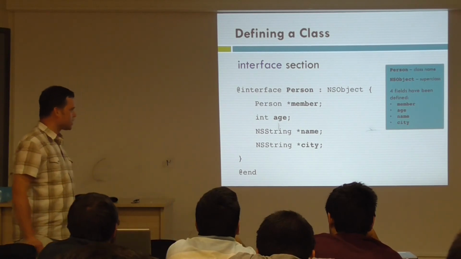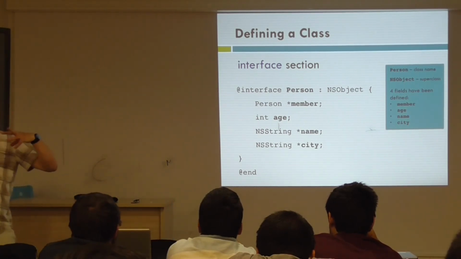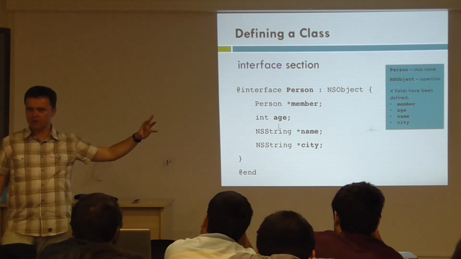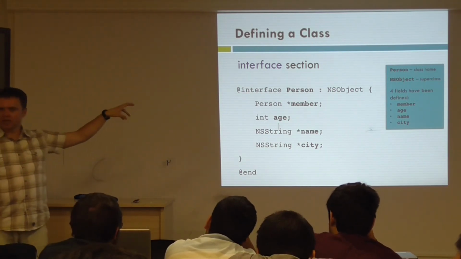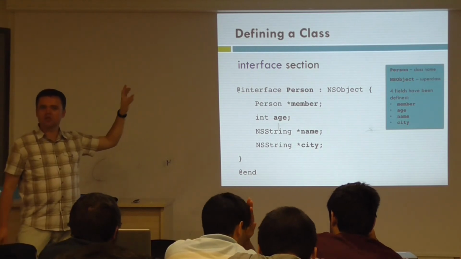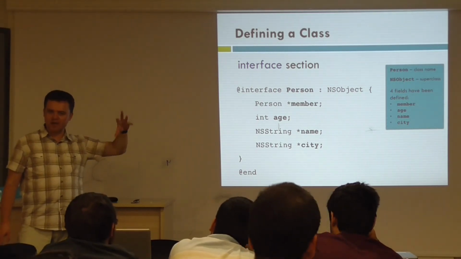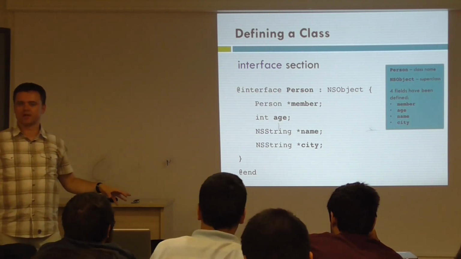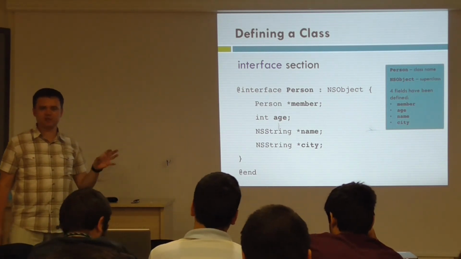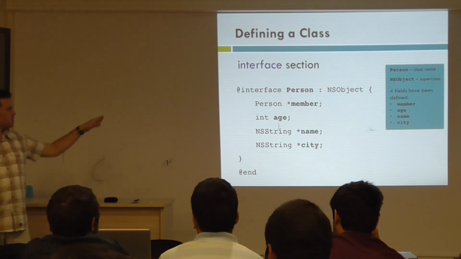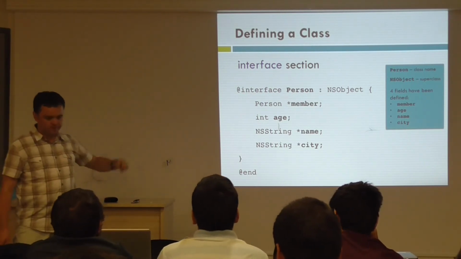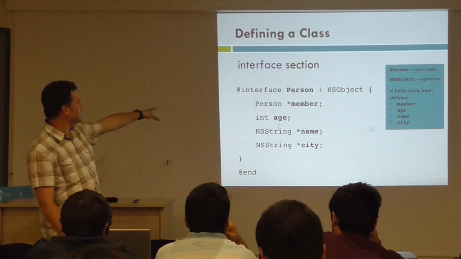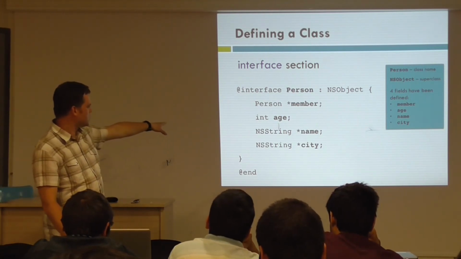So NSObject is, like in Java, Object is the class that all classes inherit from. NSObject is from Foundation, so this is a specific class of Objective-C. So if you want to create an Objective-C class, you should inherit from NS. Person, age, and a string.